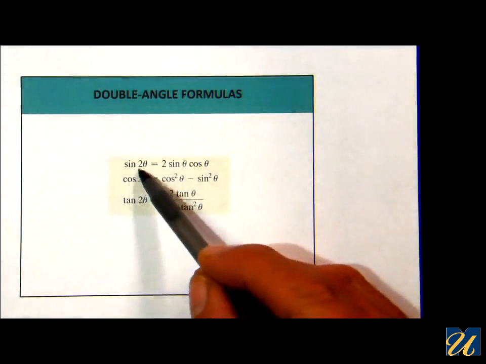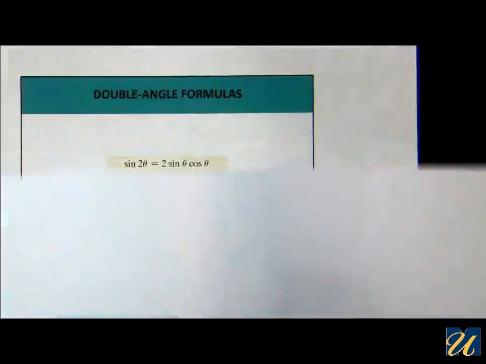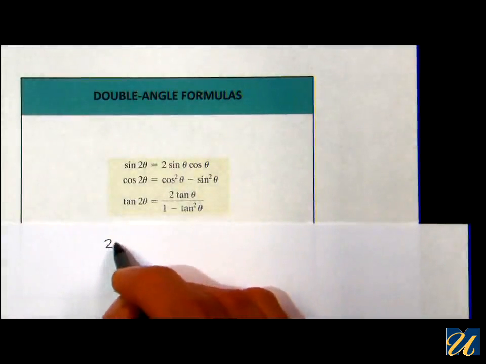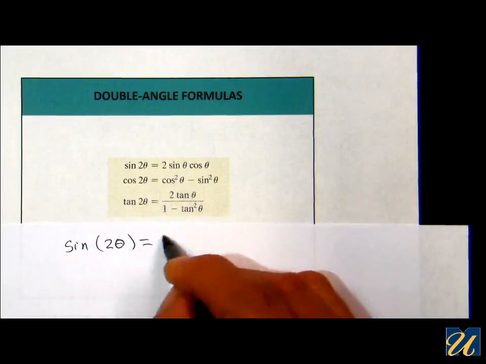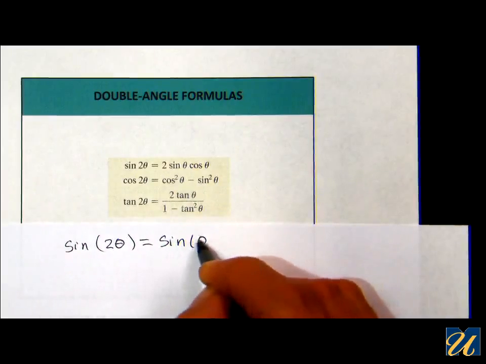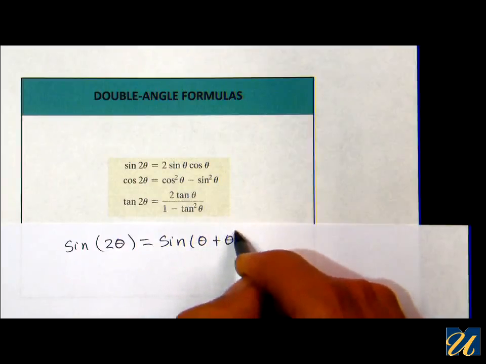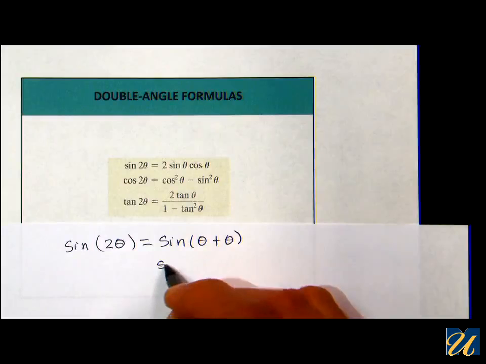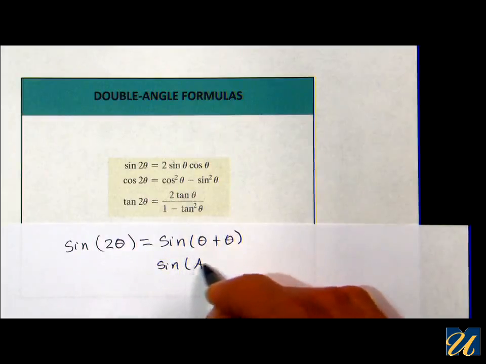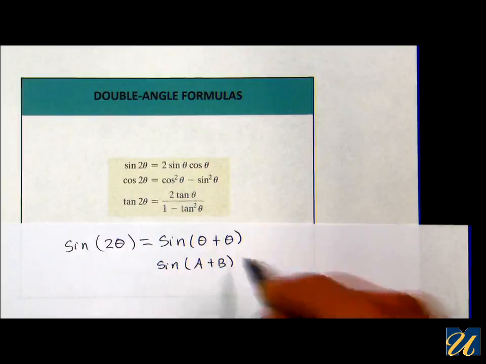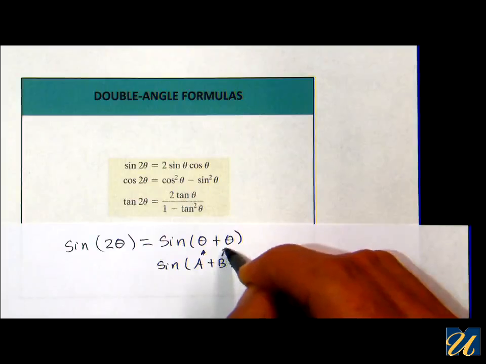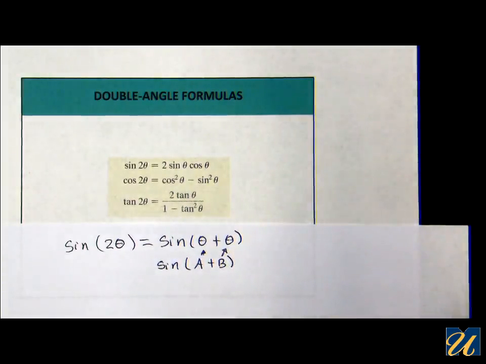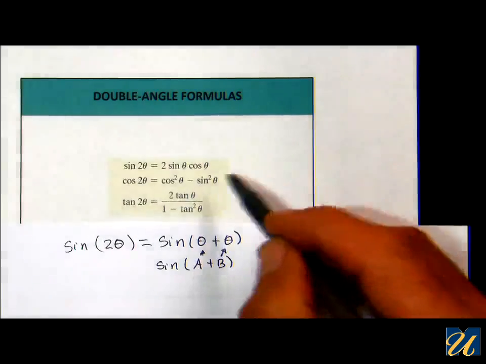If you rewrite the sine of 2 theta as the sine of theta plus theta, you can then use the expansion for sine of a plus b, where a is theta and b also happens to be theta, and very quickly you will end up with this identity.